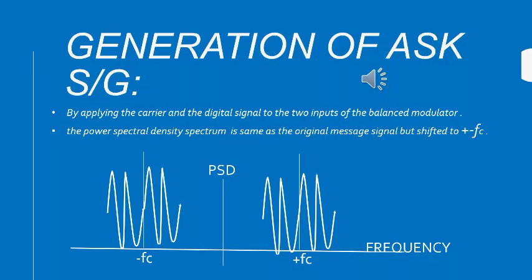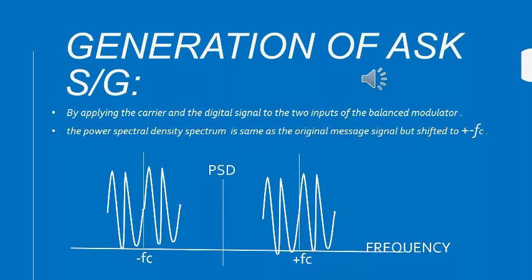Then what happens to the power spectral density after generation? It's almost the same as that of the original message signal, the digital signal, but the only difference is that the spectrum is shifted to the two frequencies, plus fc and minus fc.